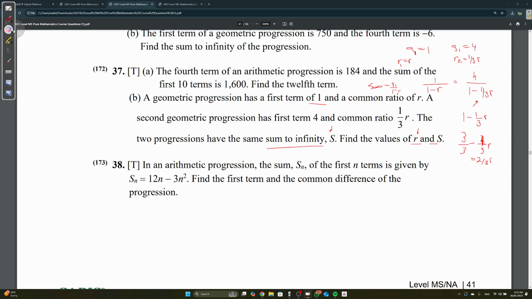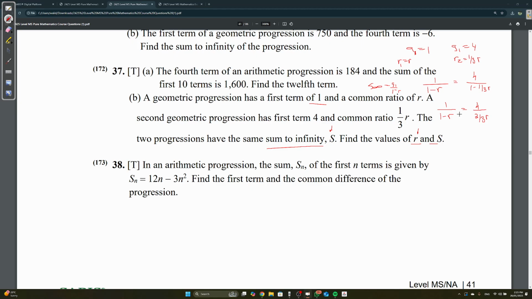It's just a bit neater. I don't want a mess. Okay, so you're going to get 2 over 3r over here. So 1 over 1 minus r is equal to 4 over 2 over 3r. What I did here is completely your choice. I like doing it because it makes my work a bit neater.